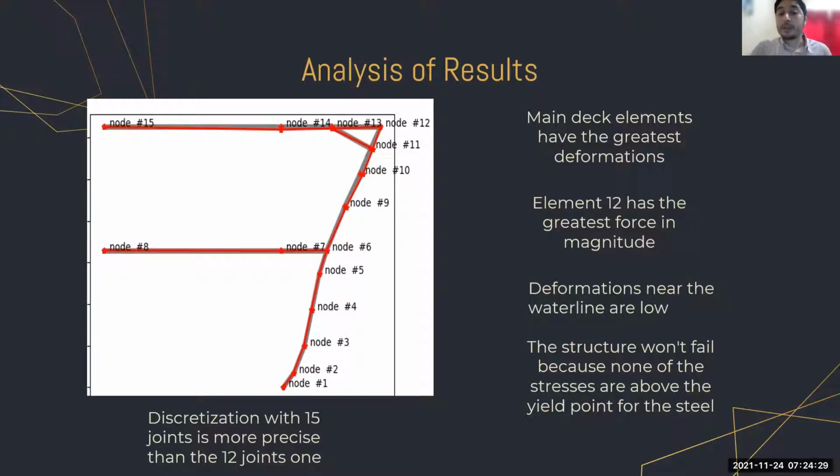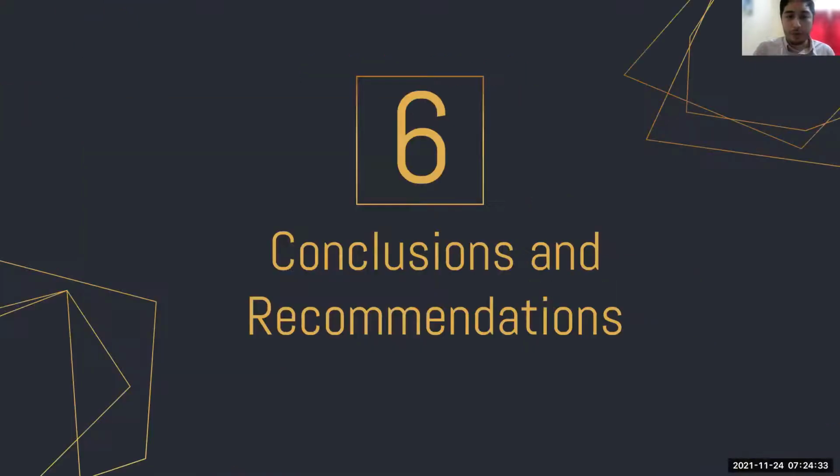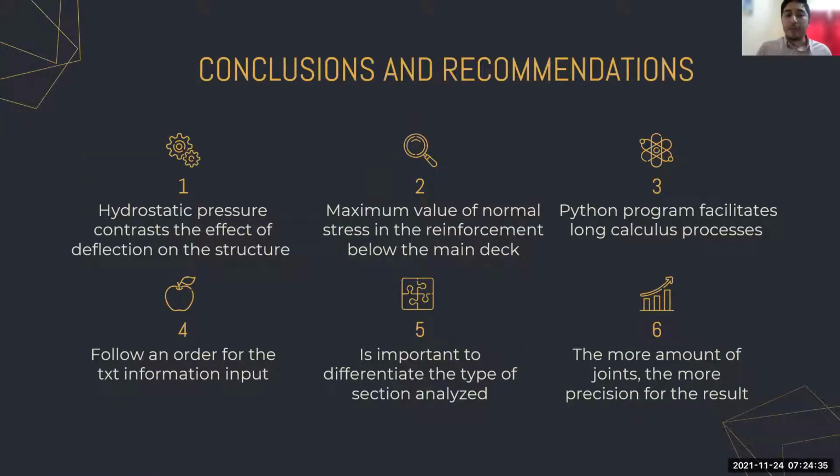On conclusions, we have that the design of this structure is able to start construction because it won't fail because of its properties. The hydrostatic pressure contrasts, as we said at the beginning, the deflection effect on the structure.